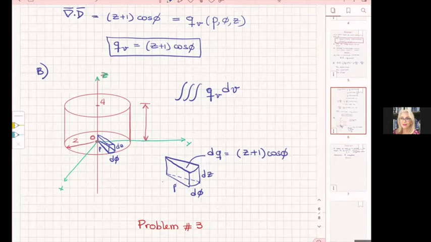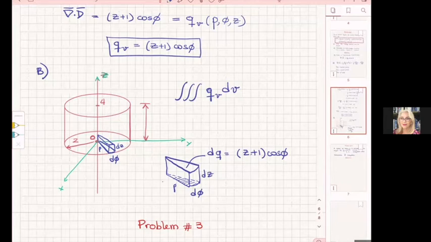But then it's going to be the area practically of this one, and then I will find how much this area is, and multiply by dz.